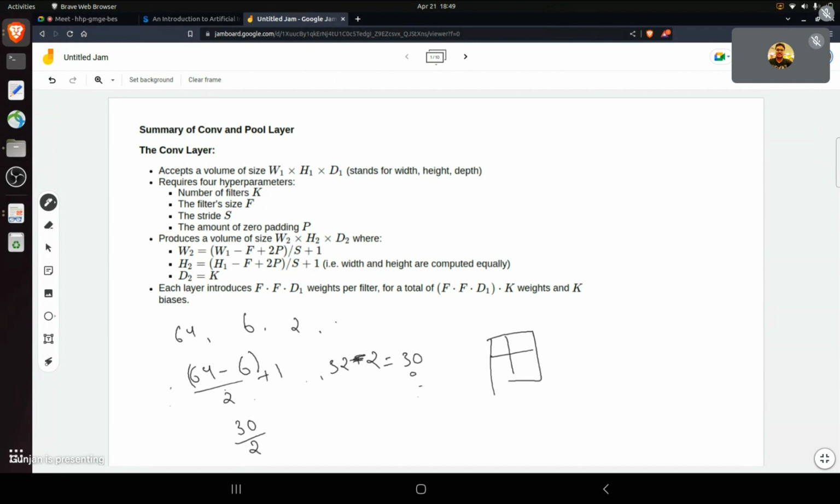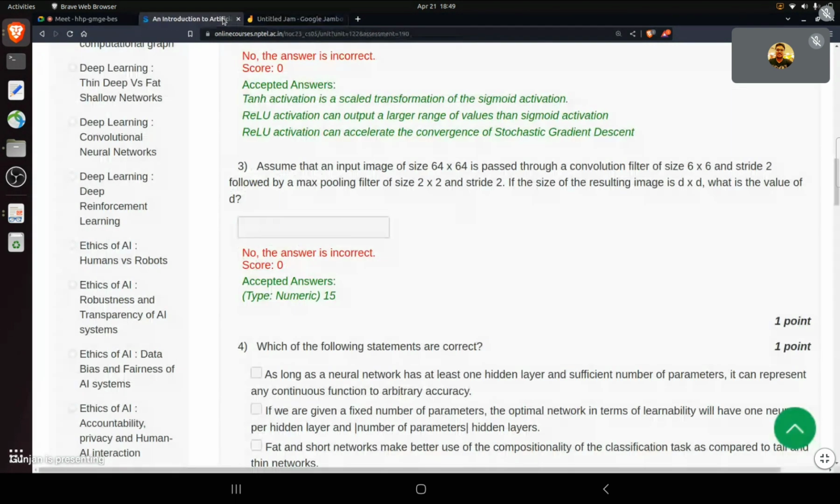So it will be 30 divided by 2, which is simply 15, right? Because there is no multiplication or anything. We just apply the filter and get the output size. So for a max pooling filter of size 2 by 2 and stride 2, it will be just 30 divided by 2, which is 15.